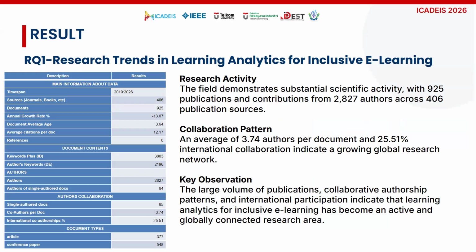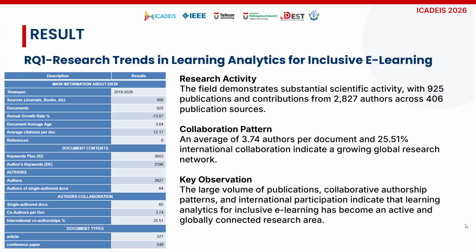Okay, for results and discussion. Research question one, trends in learning analytics for inclusive learning. From the bibliometric analysis, we found a collaborative pattern: research increased from 2019 to 2026, with the peak in 2025.